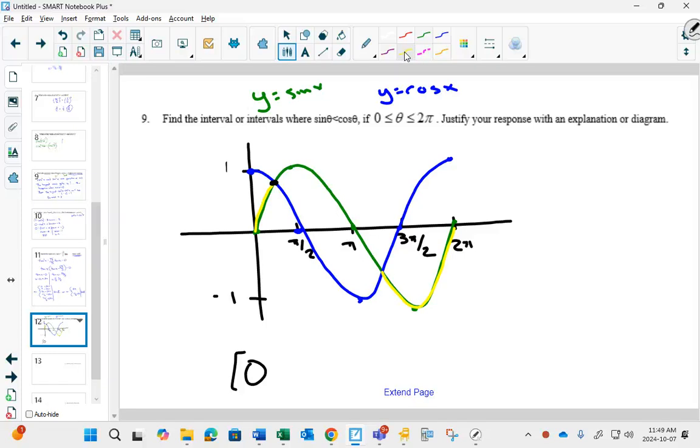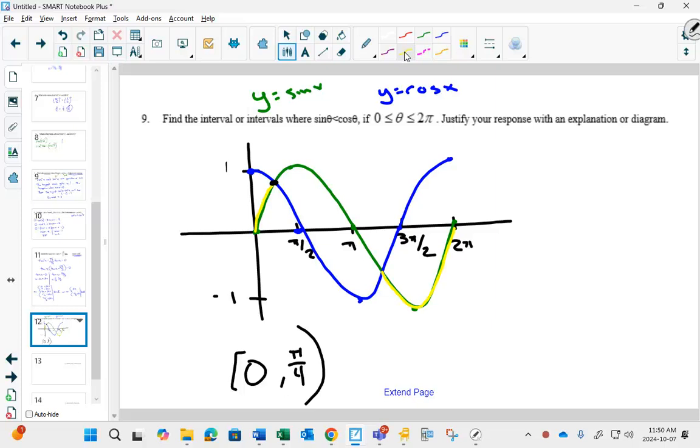On your unit circle, is there a place where your x coordinate and y coordinate are the same number? That's your pi over 4 family. But I have to use a round bracket here because they are equal there, and the question is just asking where sine is less than cos.